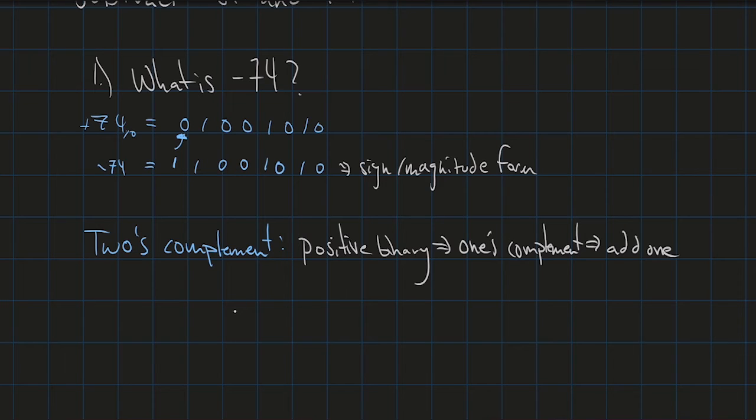So let's start off with 0, 1, 0, 0, 1, 0, 1, 0. So to convert to 1's complement form, we simply flip each bit: 1, 0, 1, 1, 0, 1, 0, 1.